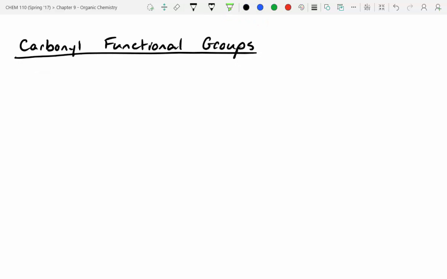Carbonyl functional groups are molecules that have a carbon-oxygen double bond. Let's take a look at some examples of molecules that have carbon-oxygen double bonds. Again, I'm going to use that R placeholder.